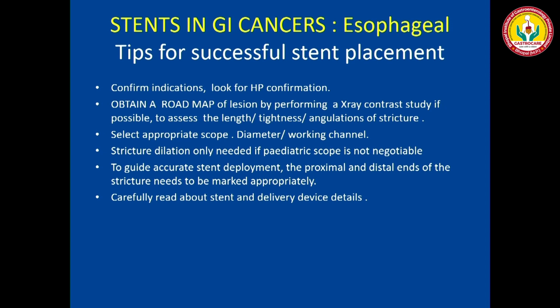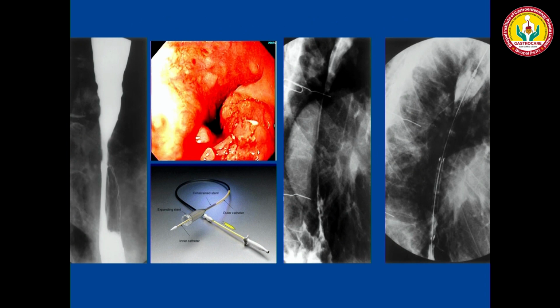Select an appropriate scope. Dilatation is required if a pediatric scope is not negotiable across the stricture. The proximal and distal ends of the stricture need to be marked appropriately for proper stent placement, and carefully read about the stent and delivery device details beforehand.